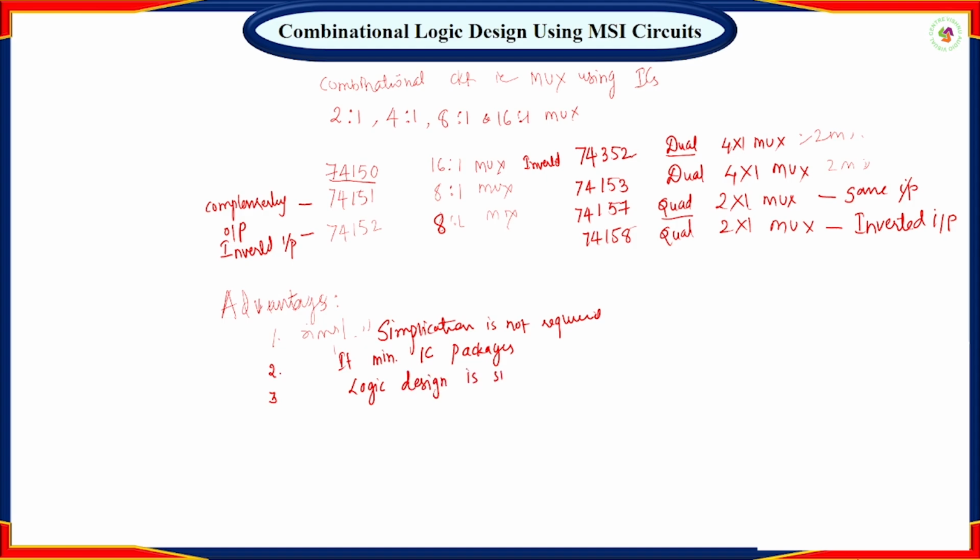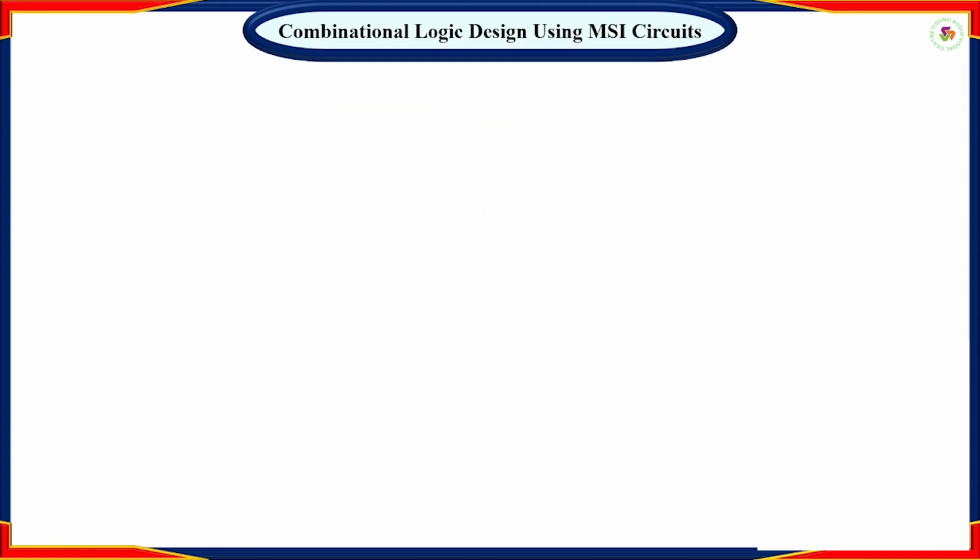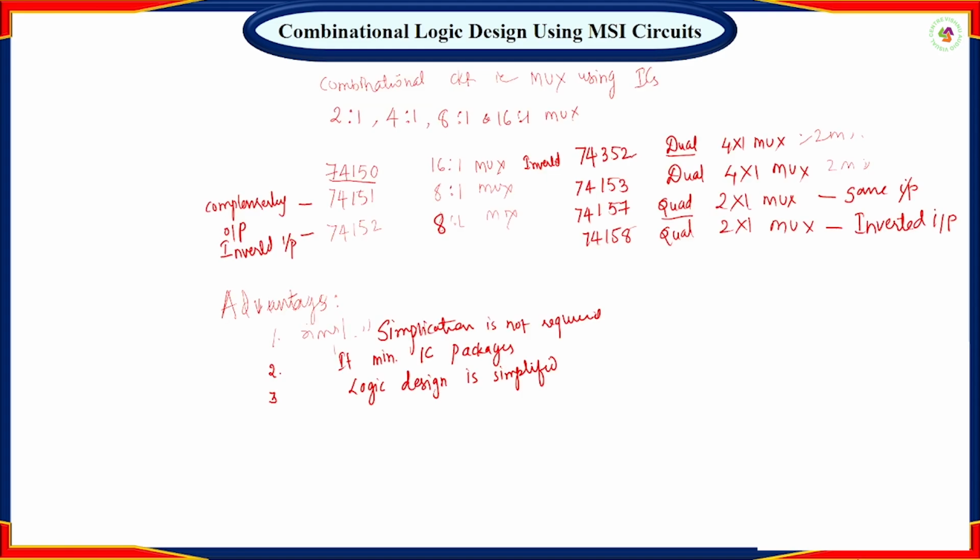These are the advantages of the use of integrated circuits. Now, you are designing the mux. The multiplexer is the logic element where the truth table is one of the standard forms of logic expressions to be available.